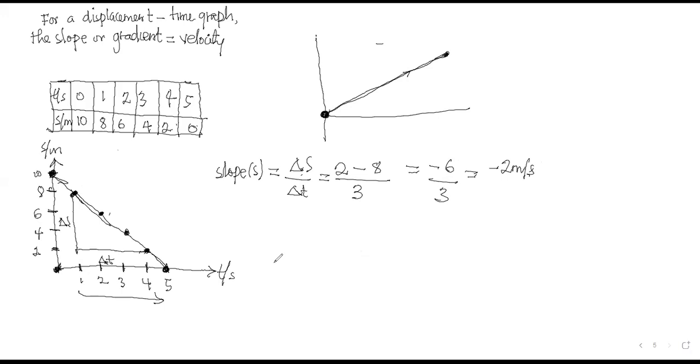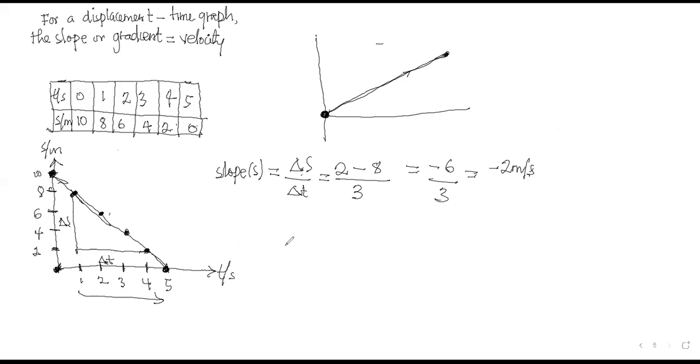Okay, so this is also known as uniform velocity motion. By here, the velocity is decreasing, or the body is returning to its starting point.